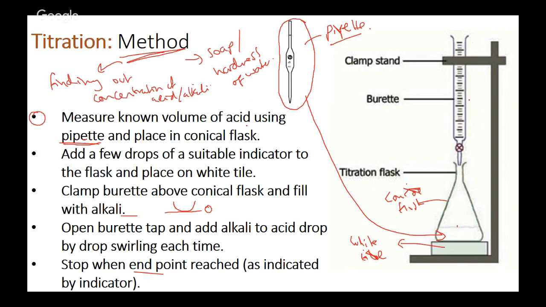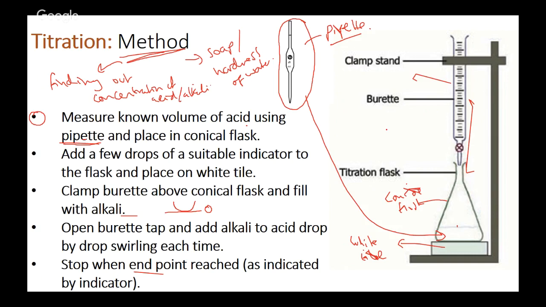You could equally do this titration the other way around with the acid in the burette and the alkali in the conical flask, depending on what you wanted to work out. And then using that volume of alkali that you've just worked out, you can then work out the concentration of the alkali. And that's one thing that you might need to do.